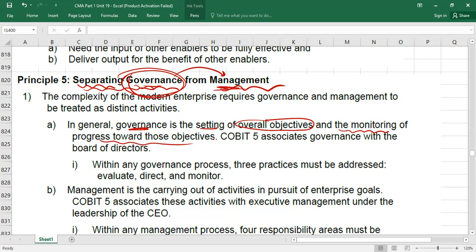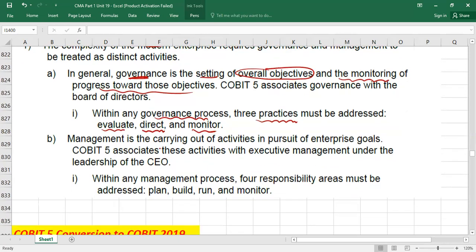But on the other hand, please remember governance process means the responsibility of the board of directors. They must follow 3 practices. Number 1, they should evaluate, direct, providing the direction, and they should monitor, understanding what's going on. But on the other hand, management, obviously, they are carrying out the day-to-day activities of the business to achieve the organizational goals.